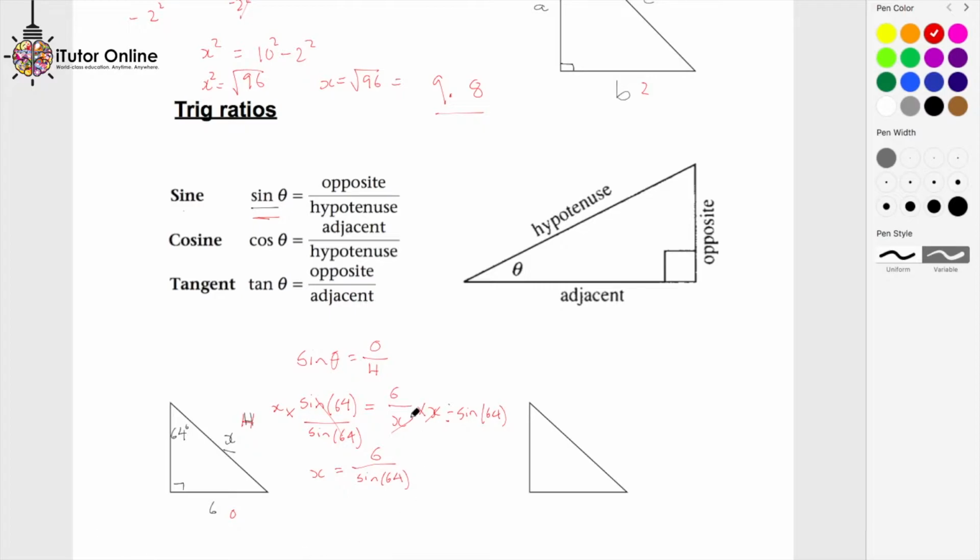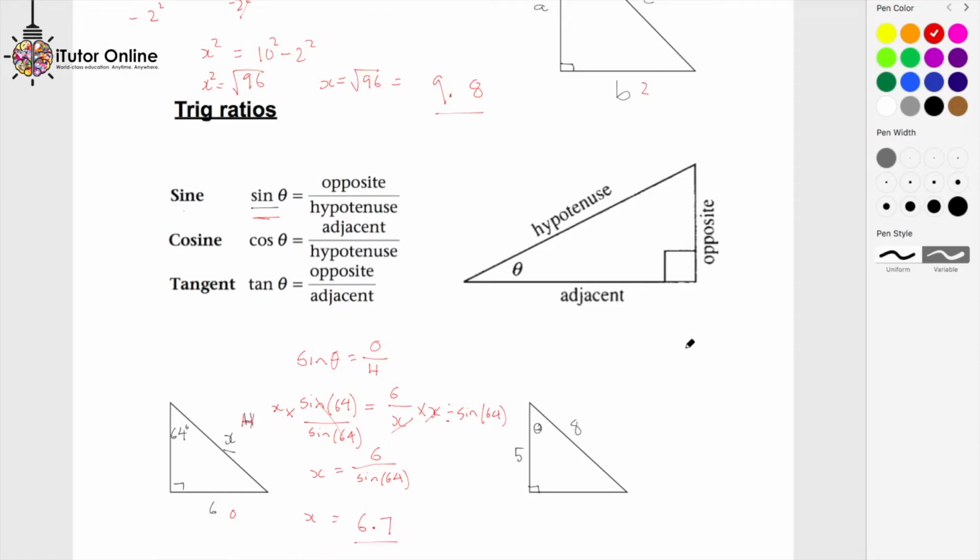So there you have it. We've moved the x to the left and the sine 64 to the right. So in short, you can basically switch them around. I just did the full working out there so you can see the whole process, but now you can see that you can switch them around to get 6 over sine 64. All that's left now is to put that in your calculator, and your answer to 1 decimal place is 6.7. So that's going to be your x.